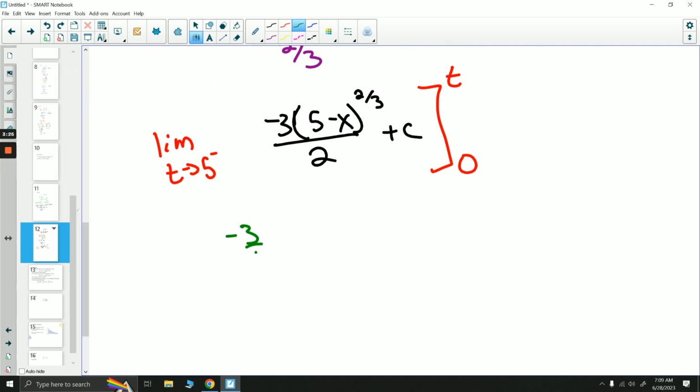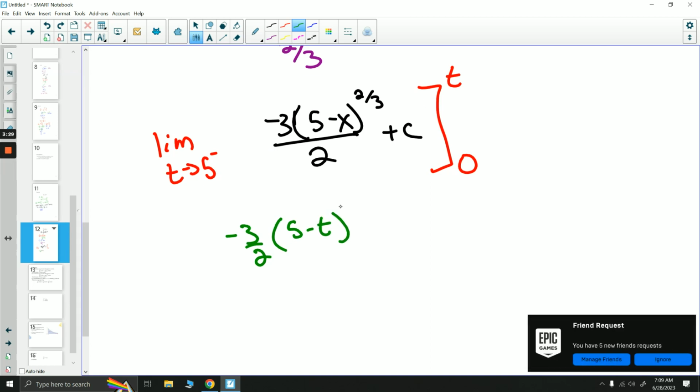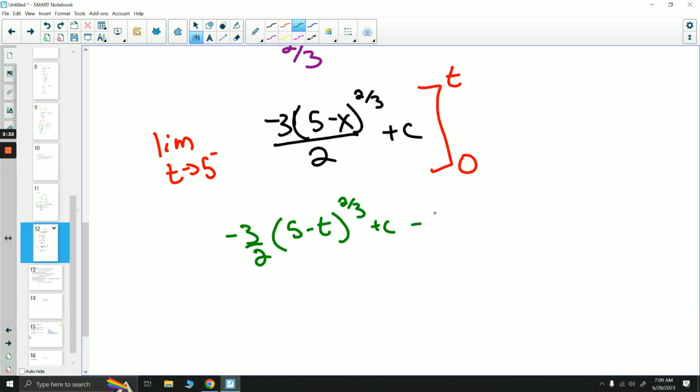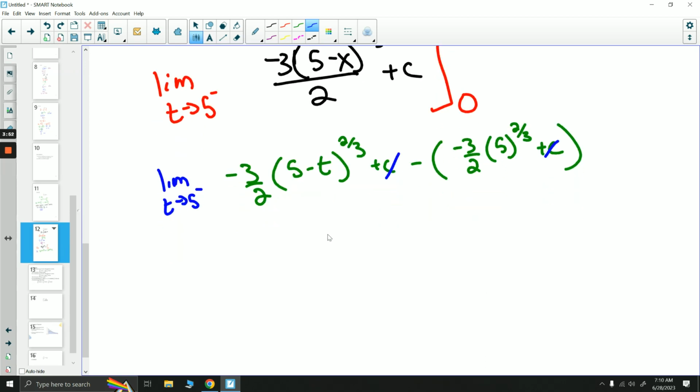So we have negative 3/2, 5 minus t to the 2/3, plus c, minus the 0 plugged in here. We get negative 3/2 times 5 to the 2/3, plus c. And so our c's, of course, cancel. We're taking the limit as t approaches 5 from the left-hand side.